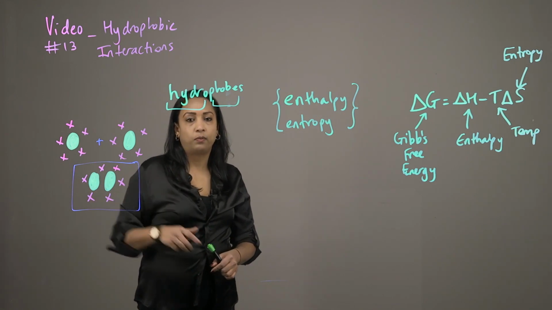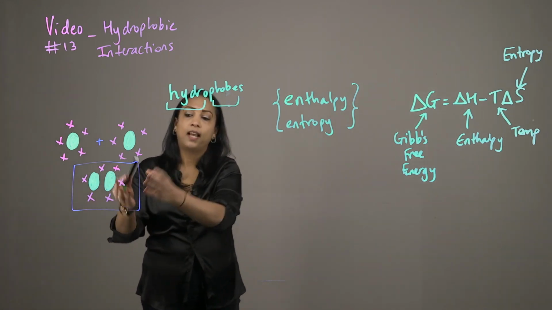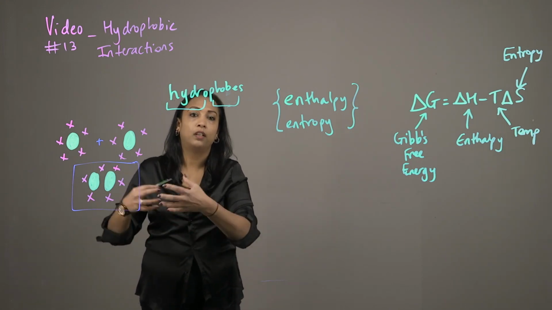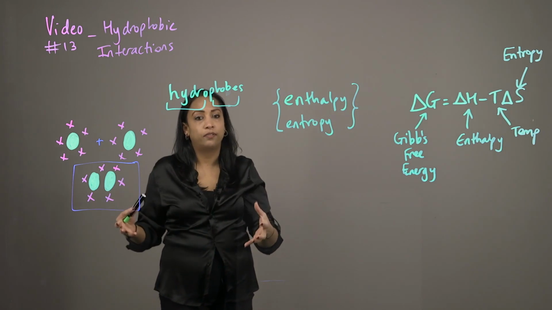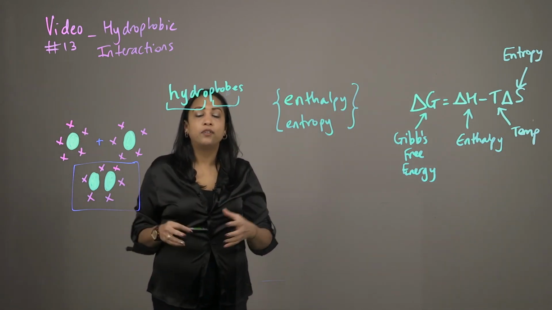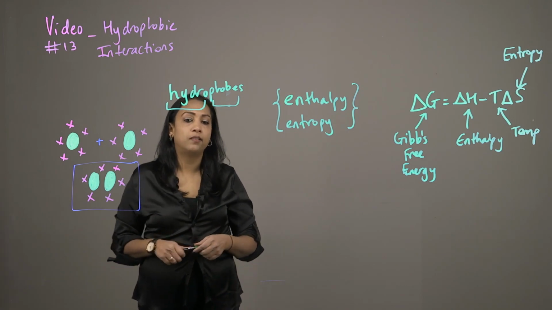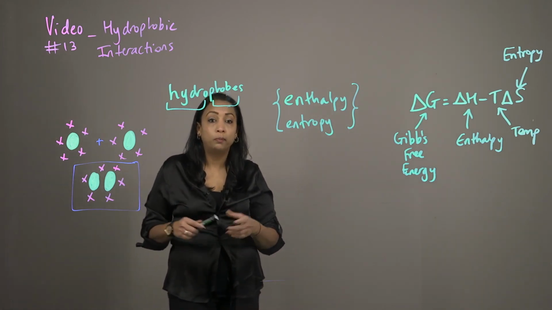In this case, we're showing you 6 water molecules. So we have less interaction between the hydrophobic system, which is our oil, and our hydrophilic system, which is our water. So when a hydrophobe is placed in an aqueous medium, hydrogen bonds between water molecules will be broken.